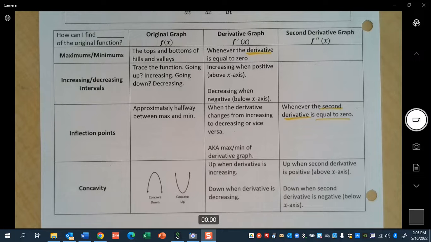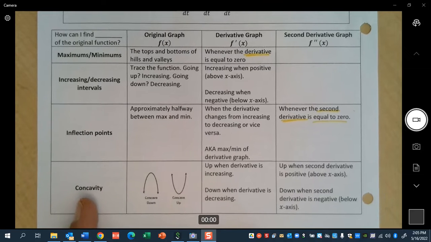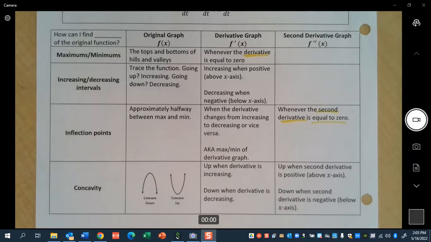So when you were in Algebra 2, you were able to find increasing and decreasing intervals without a problem. You trace the function. When is it going up? When is it going down? But when we look at the graph of a derivative, anytime that derivative is a positive value, that's when your graph is increasing.